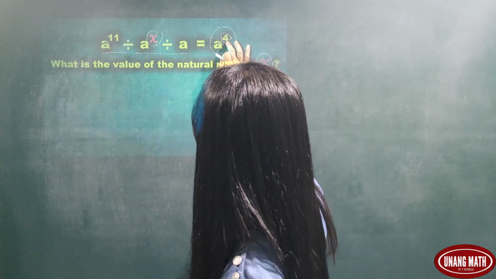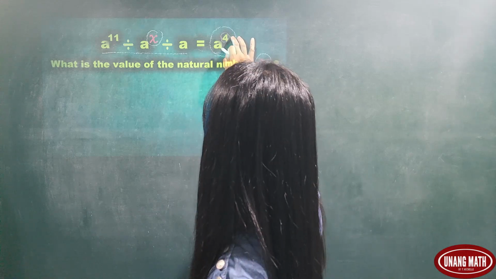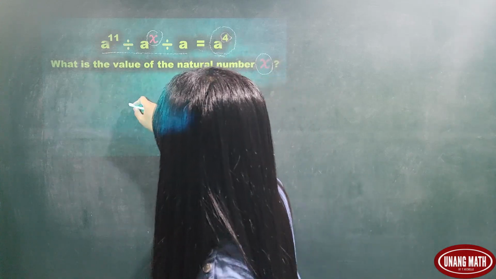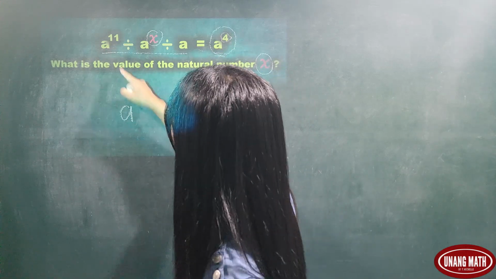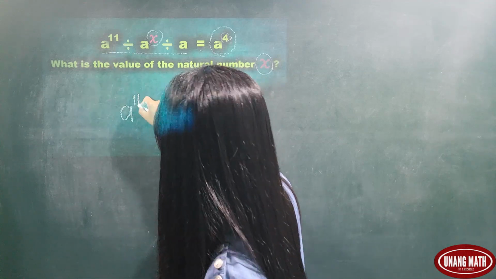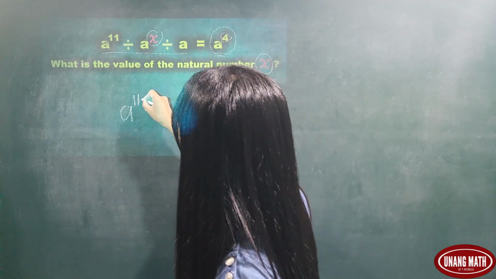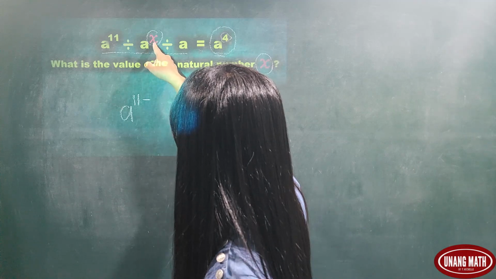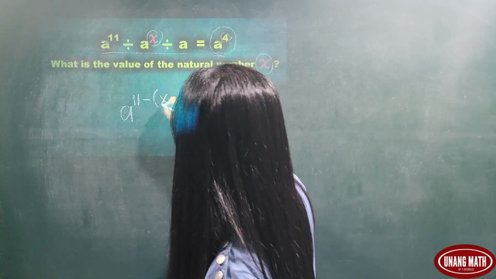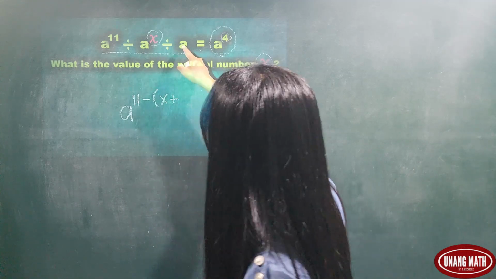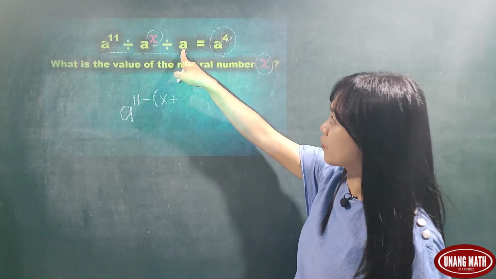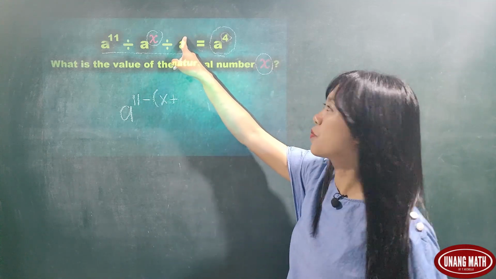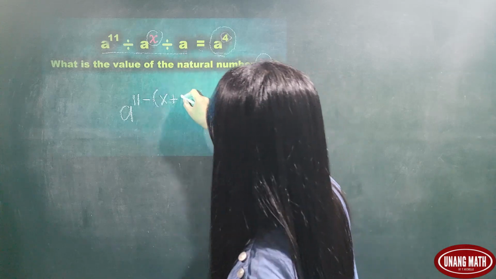In order to get 4 here as the exponent of a, that means we have a raised to the power of 11 minus x, plus what is the exponent of a? If there's no exponent written, that means the exponent is 1.